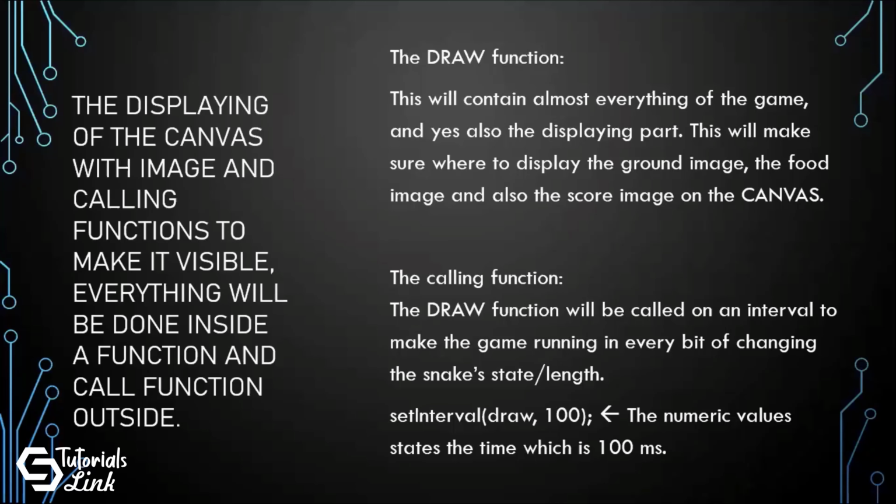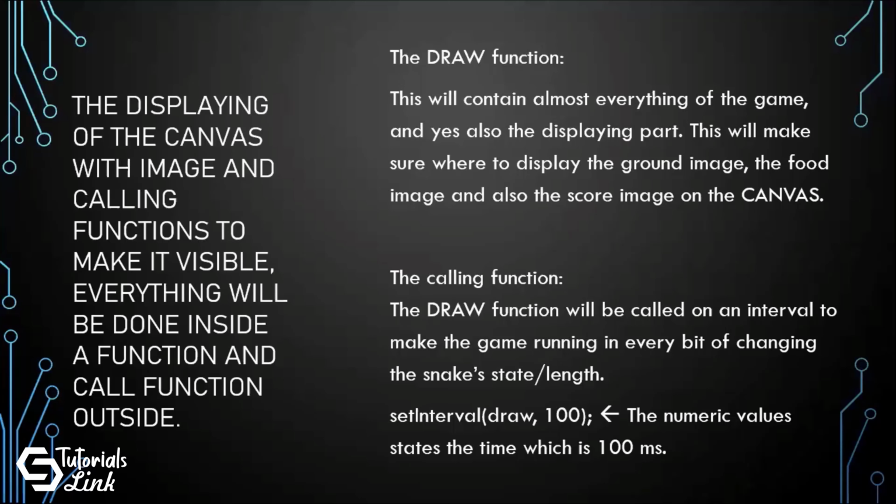The draw function will contain almost everything of the game, and yes, also the displaying part. This will make sure where to display the ground image, the food image, and also the score image on the canvas.